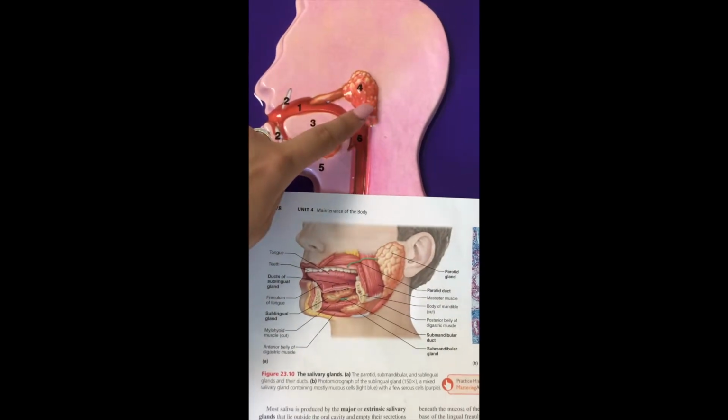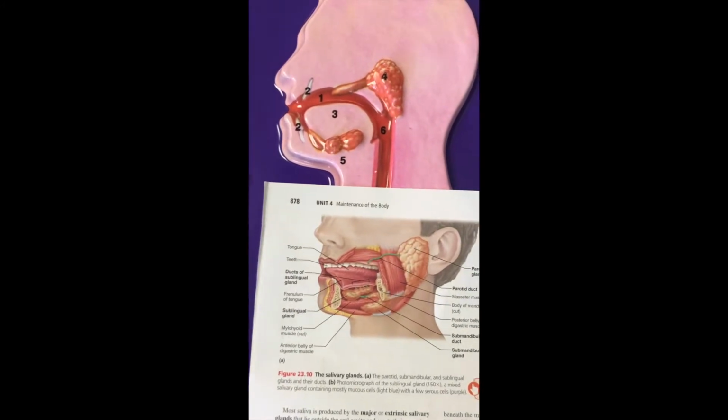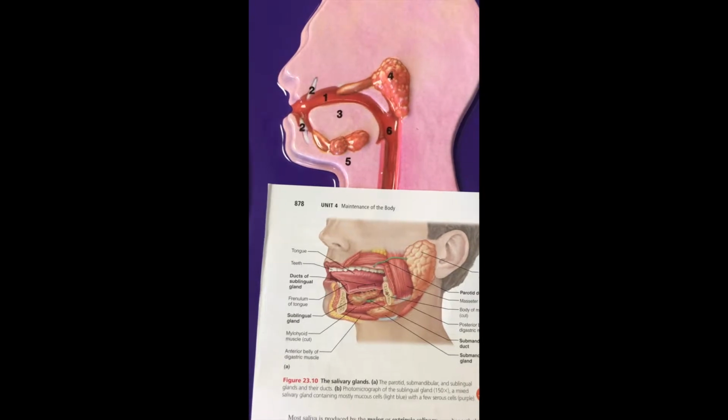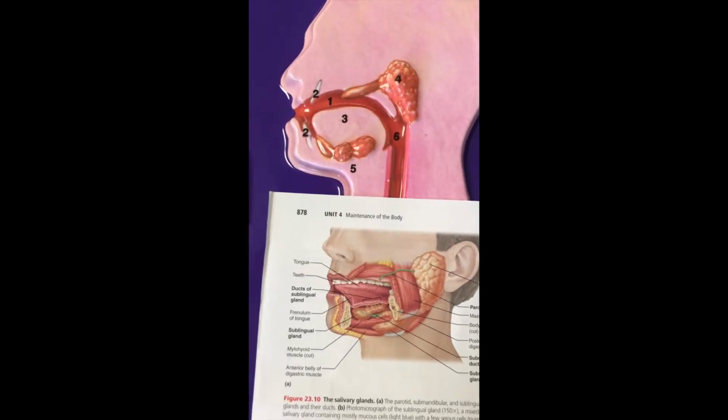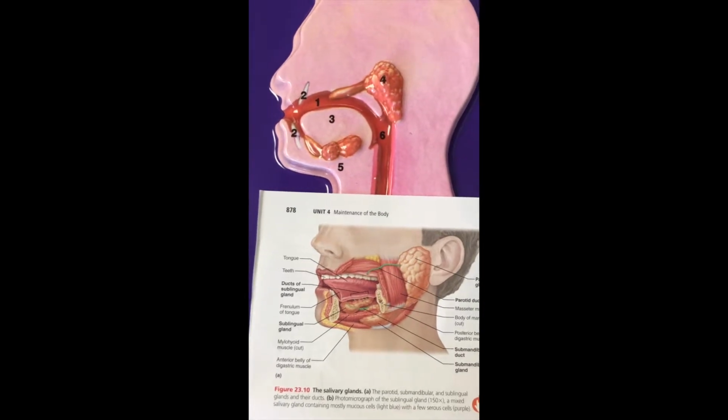Your salivary glands produce saliva. The functions of saliva are that it cleans the mouth, dilutes chemicals, and contains enzymes to start breaking down your food.